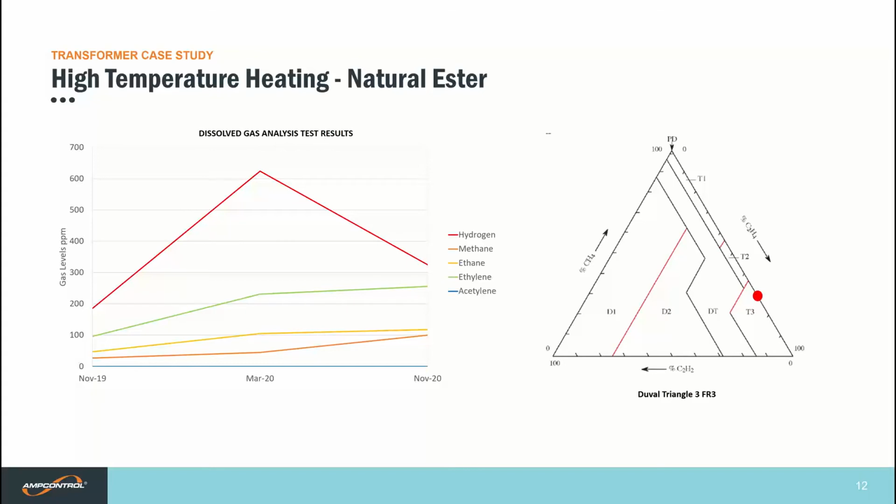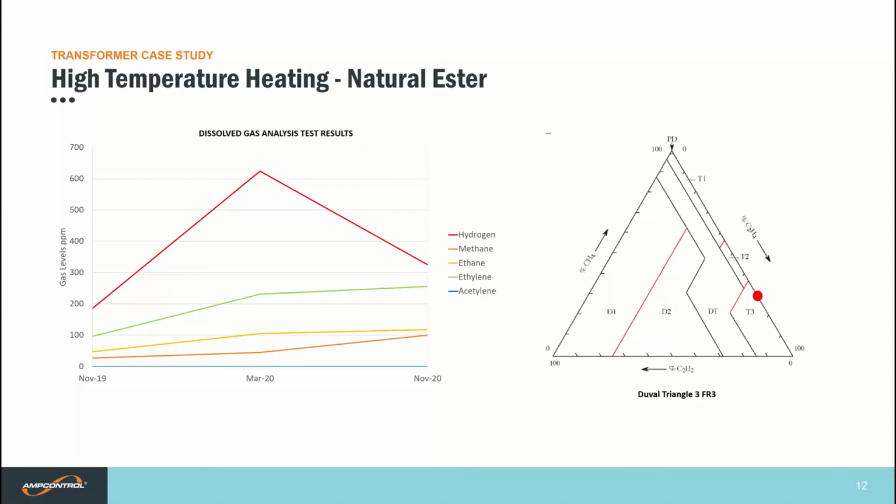We can also use these triangles to identify other faults as well. This assessment, high temperature heating, is also supported by the elevated levels of ethylene. And we see that the rate of generation has slowed in the most recent test results. Some gas levels have declined, including carbon monoxide.